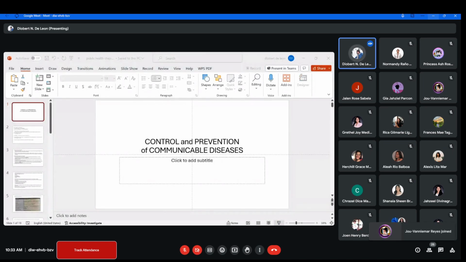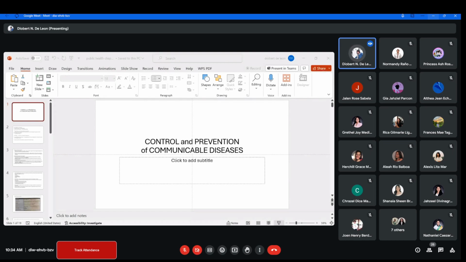Okay, good morning, class. And our topic for today is about control and prevention of communicable diseases. Okay, this chapter introduces principles in disease control and prevention, particularly yung mga infectious diseases, including a review of immunology, and it focuses on frameworks that can guide public health interventions in addressing communicable diseases.